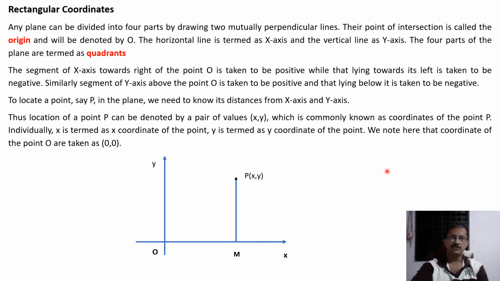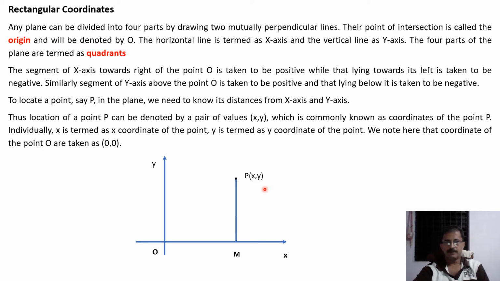Also, the segment of the x-axis to the right of the point O is taken to be positive, while that towards the left is taken to be negative. Similarly, the segment of the y-axis above the point O is taken to be positive, and that below it is negative.